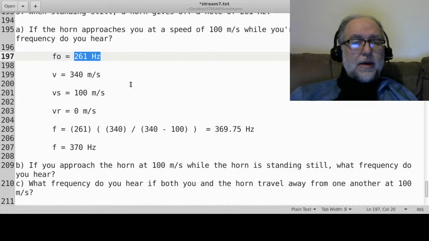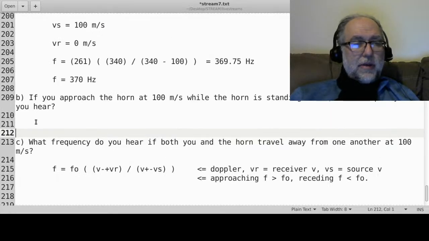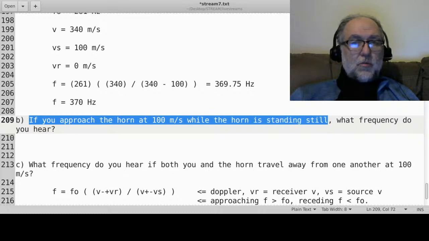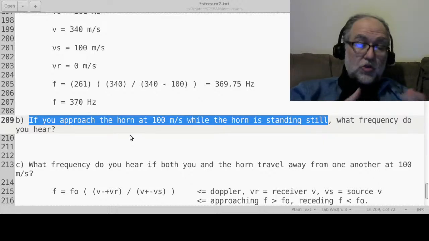Now for question B, I kind of turned it around. I said, if you approach the horn at 100 meters per second while the horn is standing still, what frequency do you hear? So you have to think: who's the receiver? Well, you are, and you're approaching.